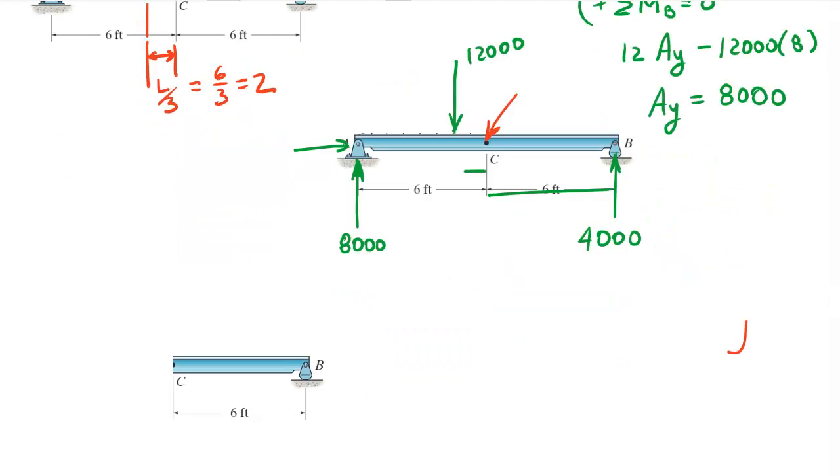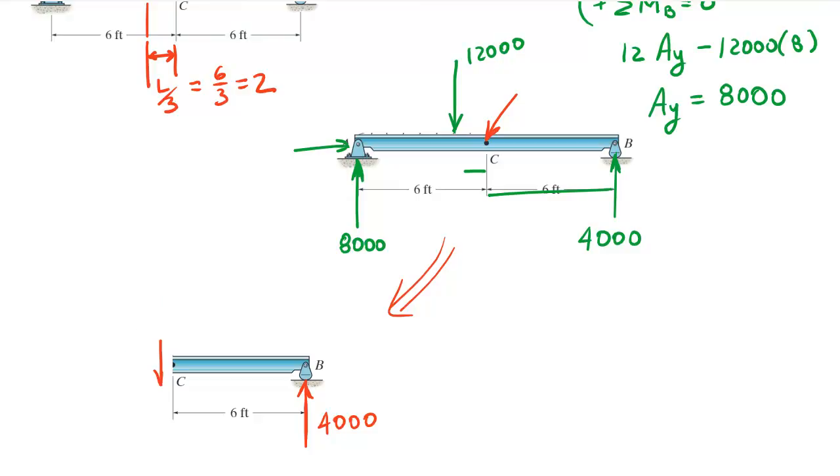So let's do that here. We split the beam and rewrote it here. Essentially what I've got is this 4,000. Now if I look at that 4,000, obviously I'm going to have a moment to offset it, and I'm going to have a shear.